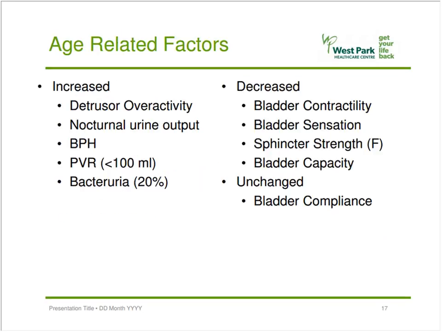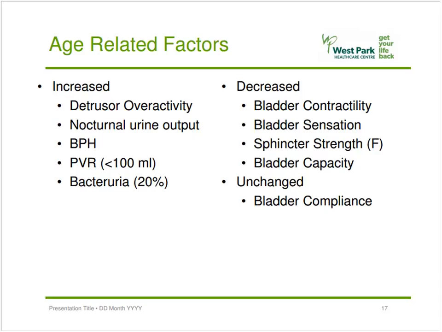There are age-related factors. The bladder muscle itself tends to contract more, the overactivity. There's nighttime production of urine, the benign prostatic hypertrophy in men. The post-void residual tends to be higher than in younger adults, and asymptomatic bacteria in 20%.